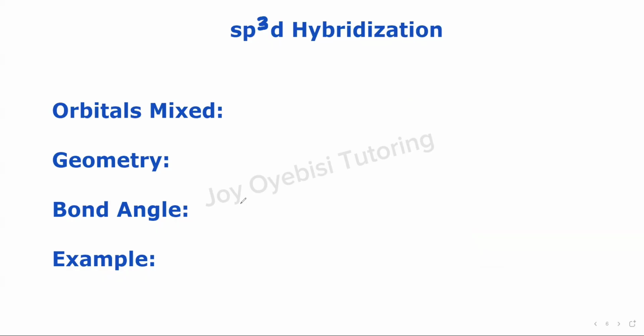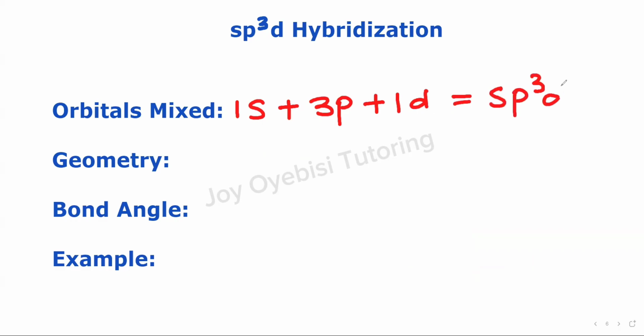We also have sp3d. In this case, you have one s orbital mixing with 3 p orbitals and 1 d orbital. And that will end up giving us sp3d.